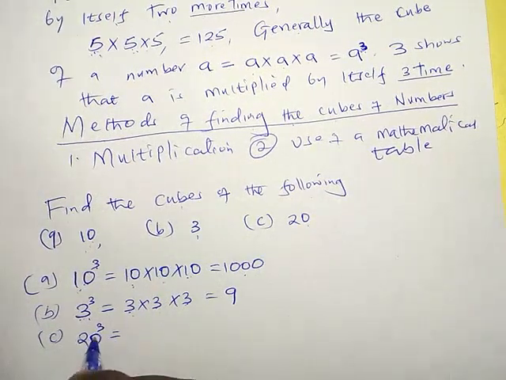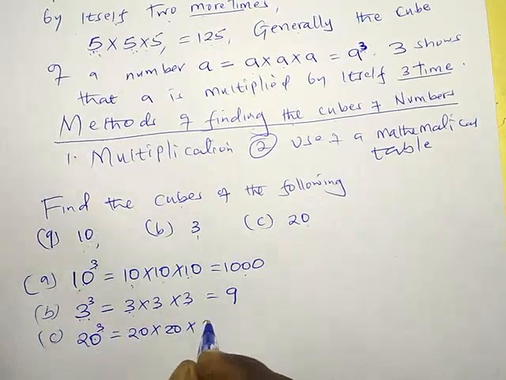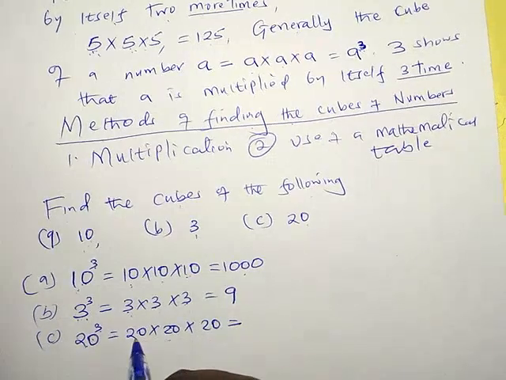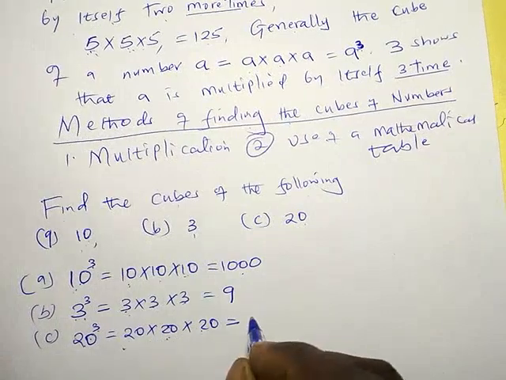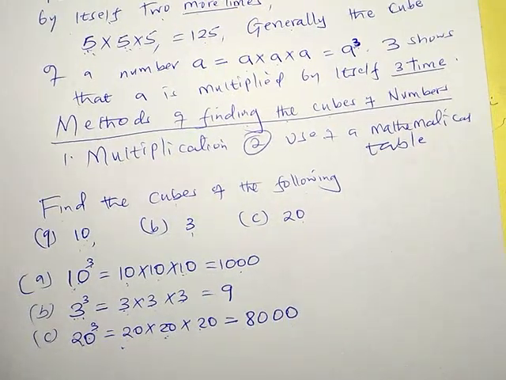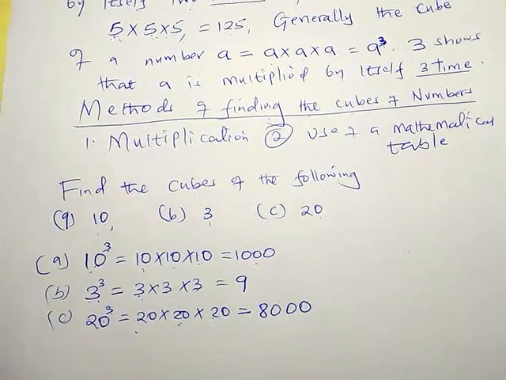Therefore, 20 raised to power 3 is 20 times 20 times 20. And the answer is 8,000. That is it.